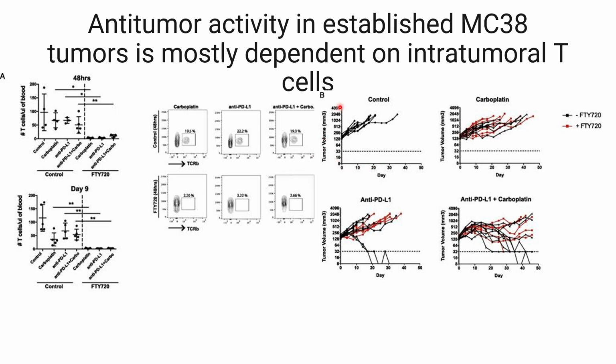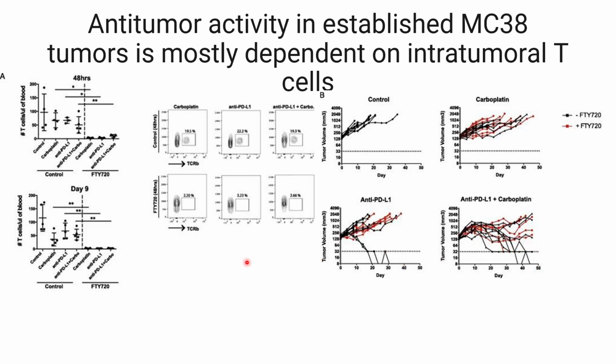And later on, when they did the experiment, they can see that when the FTY720 reagent is present, then the impact of this combined therapy has been reduced compared to the case when there is no FTY720 presence.